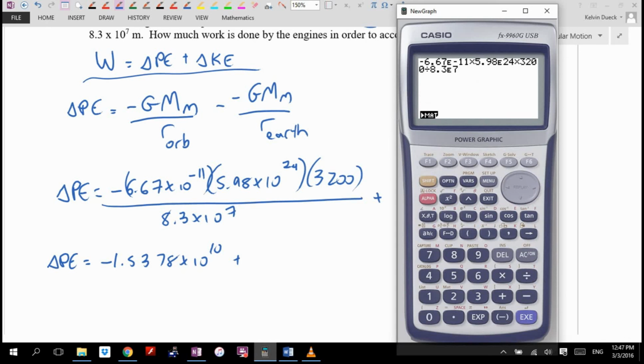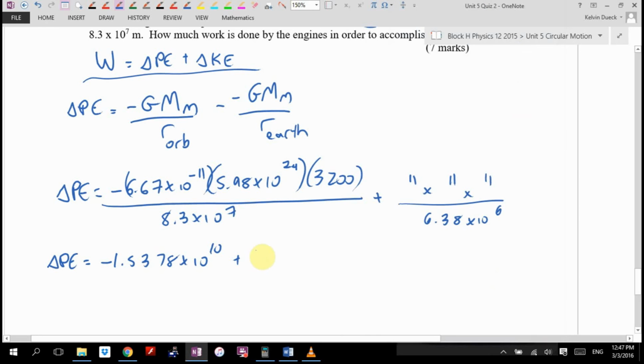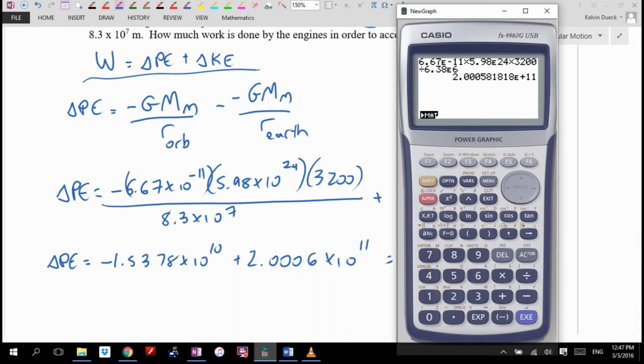Backspace. Delete the negative. 6.38 times 10 to the 6th. 2.0006 times 10... 2.0006. Alrighty, here we go.